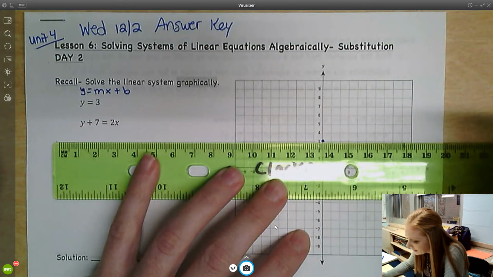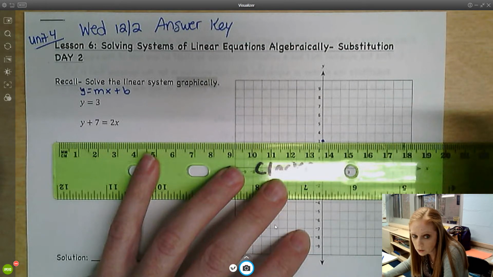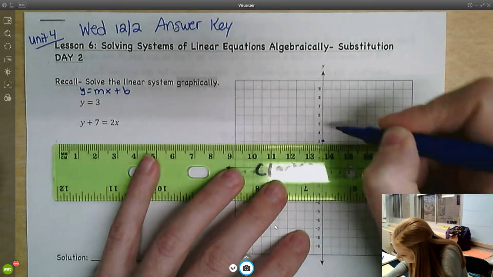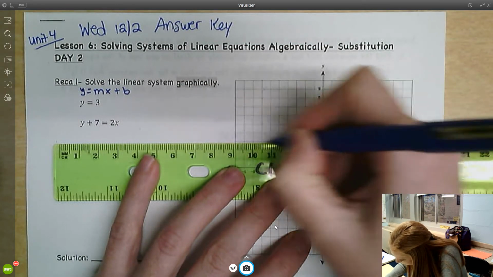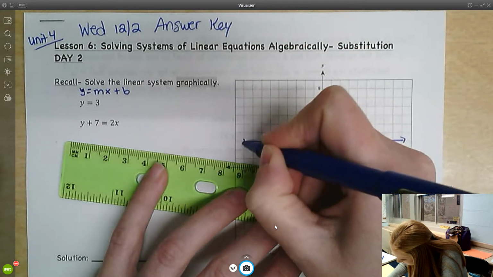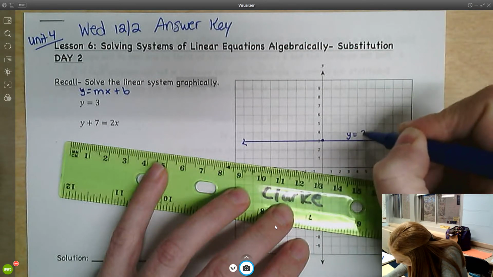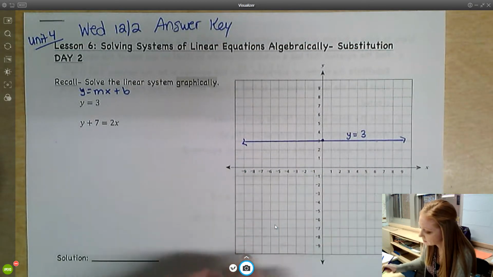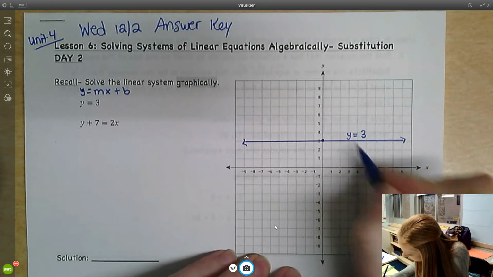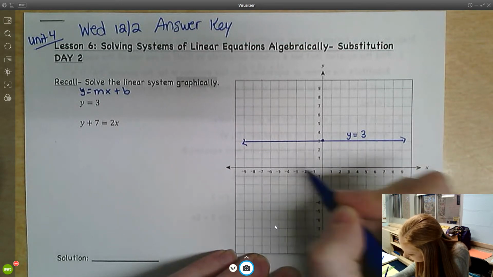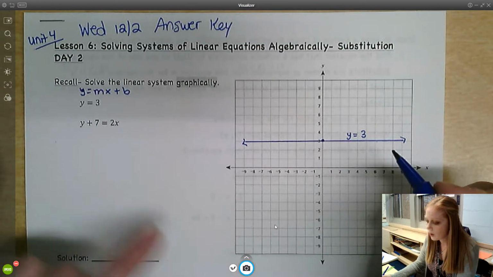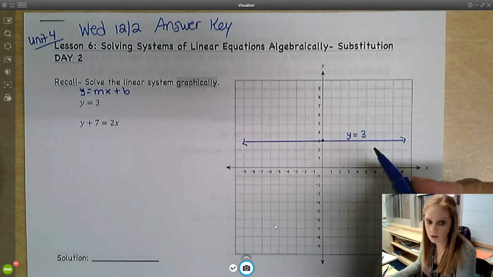And what this means is that no matter what, the y value of every coordinate is going to be 3. So it's going to be a horizontal line going through 3 on the y-axis, right? Because we have the points 2, 3; 3, 3; 4, 3; 5, 3; negative 5, 3. The y value is always 3 and it has a slope of 0.